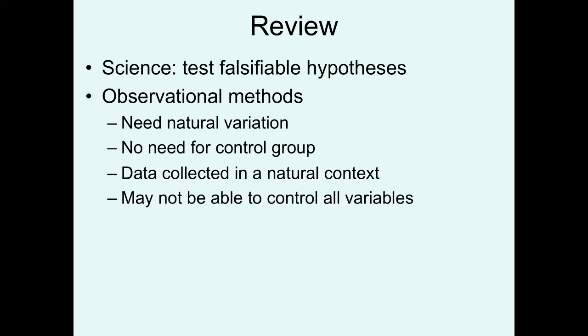You get to collect the data in a natural context. But one of the main problems is you may not be able to control all associated variables, so you have to really think about the timing of how you collect your data, like with weather changes and time of day changes. You can't always control those things.